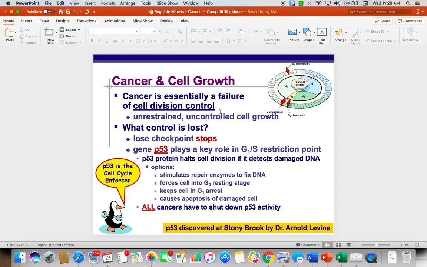And of course, what they're doing is replacing the good cells. And that's what makes people sick, is that the cancer cells will outcompete the good cells, the normal cells. And so that's why people with cancer take drugs to kill these cancer cells. And what we're doing is messing up their cell cycle with the drug. Okay?